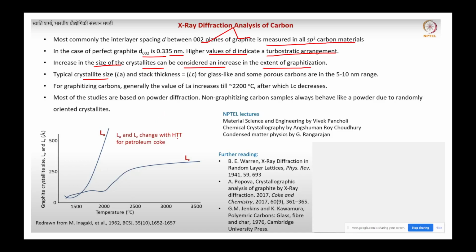This is how La and Lc change with heating for petroleum coke. When you increase the temperature, La and Lc both increase, but after some time they saturate. This is your crystallite size La and Lc against temperature, the correlation between La, Lc and temperature. Understood? Is it clear?